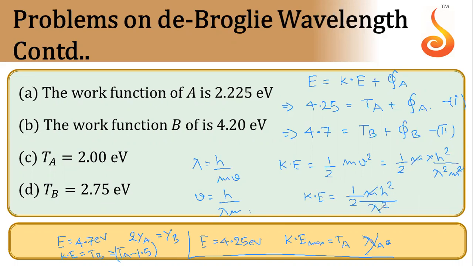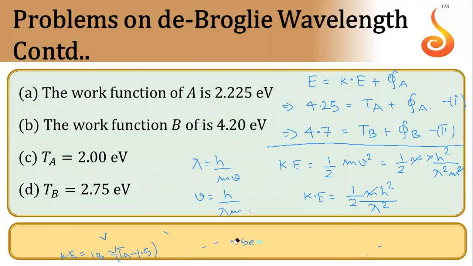Now in both the cases, photoelectrons are being produced. So we can write that kinetic energy, which is represented by Ta or T, is directly proportional to 1 by lambda square. So the product of T into lambda square will be some constant.